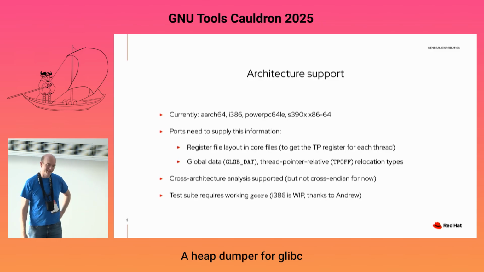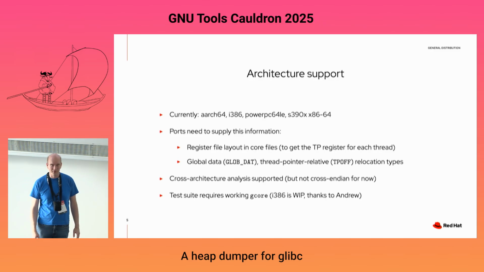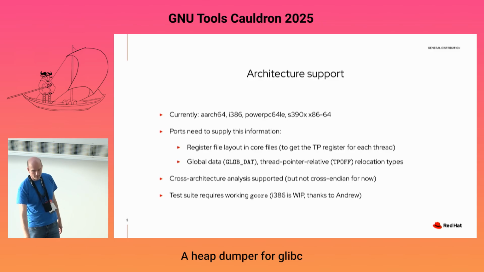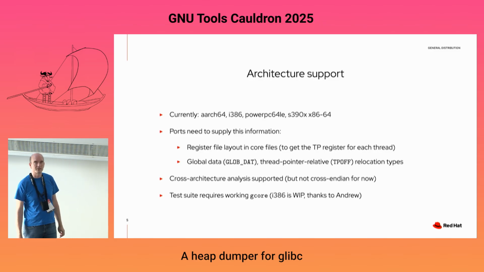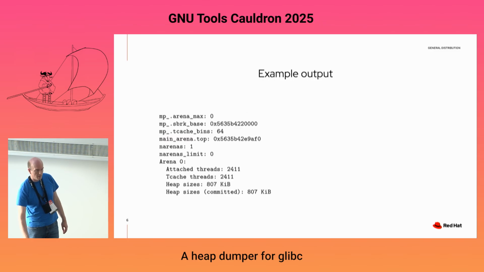You can cross 32-bit versus 64-bit, but not across endianness. There's a test suite for it that covers most of the heap parsing. It doesn't work on 32-bit i386 because gcore doesn't write the required thread state into the core file, unlike the kernel. But Andrew Burgess is working on fixing that, and then we have that covered too.